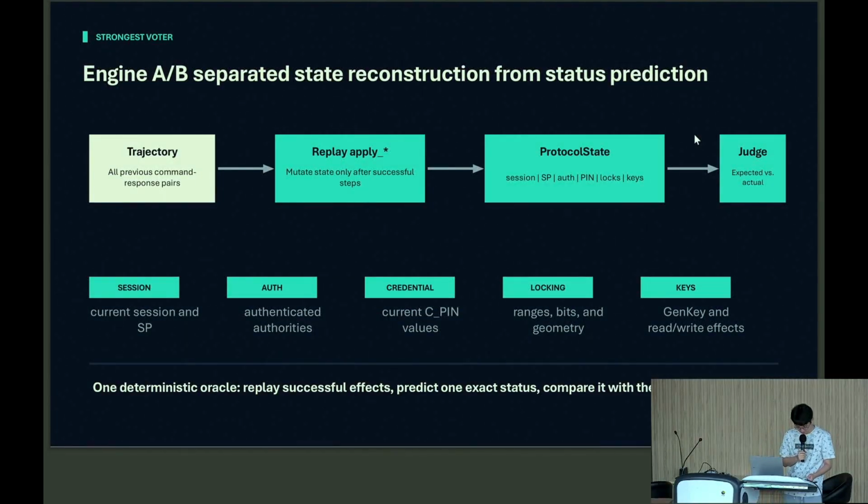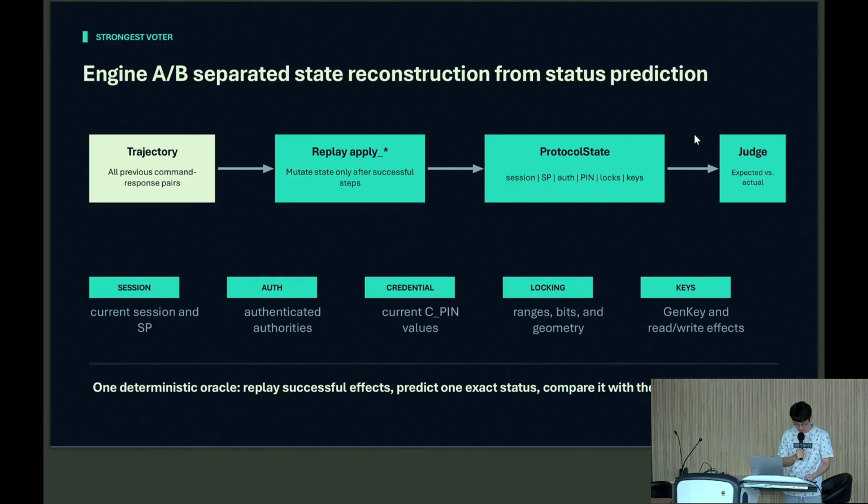Engine A and B separate state reconstruction from final status prediction. It replays all previous successful steps through apply_* functions and maintains a symbolic protocol state.